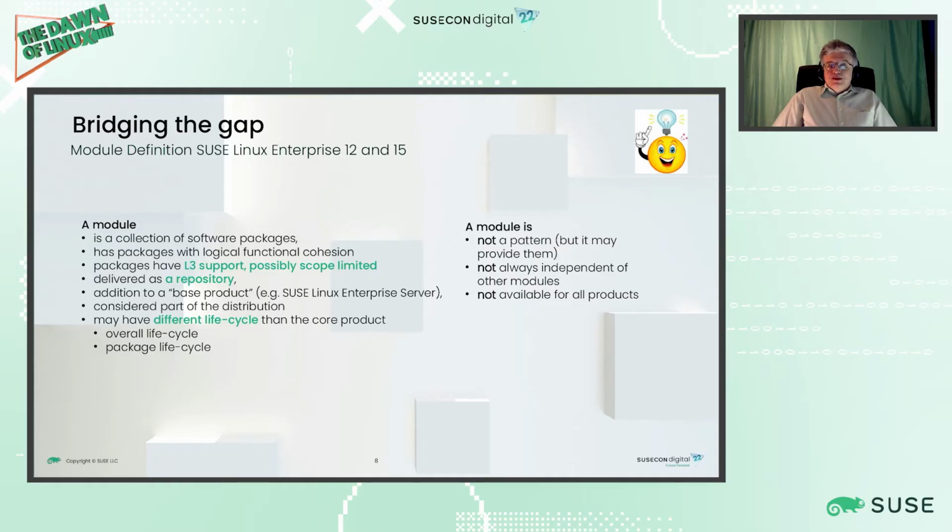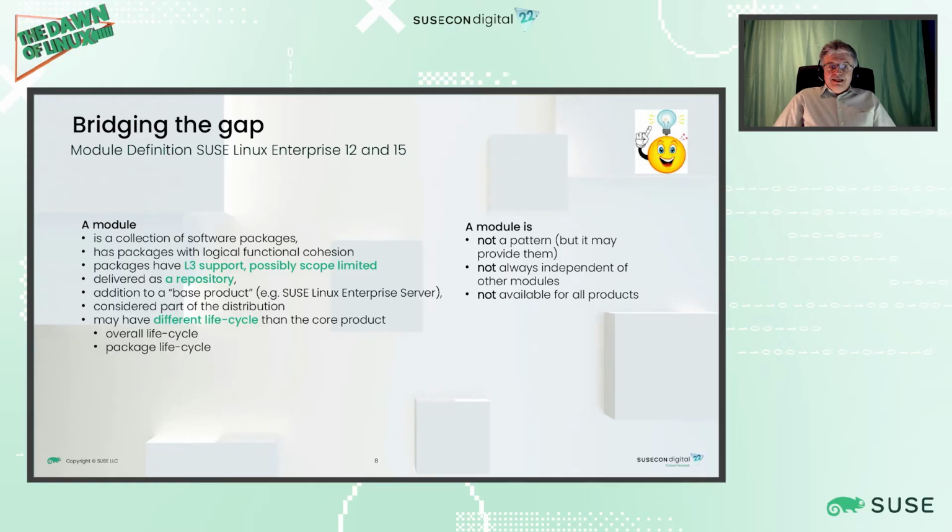They have support. They have perhaps some scope limitations compared to the base products, but they are definitely delivered in the same way as the rest of the system, as a repository, as an addition to our base products like SUSE Linux Enterprise Server, like SUSE Linux Enterprise Server for SAP applications, and they are part of the distribution.